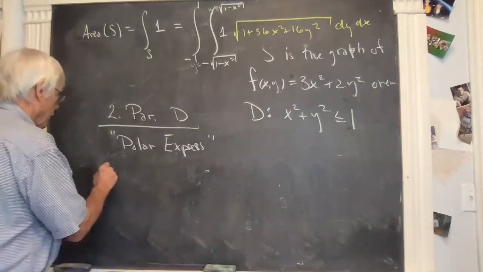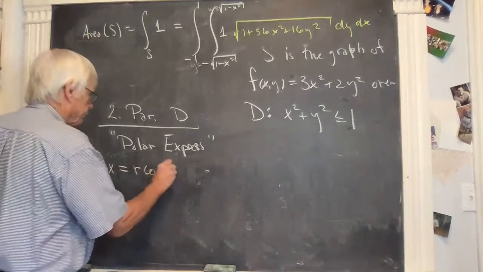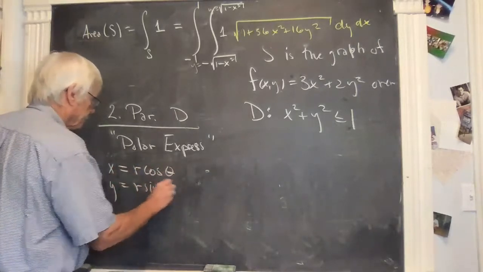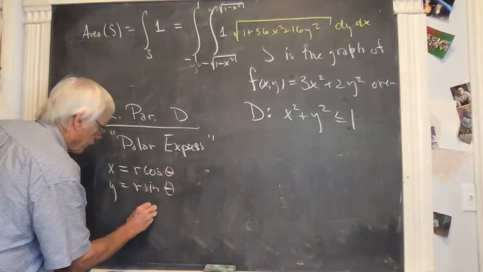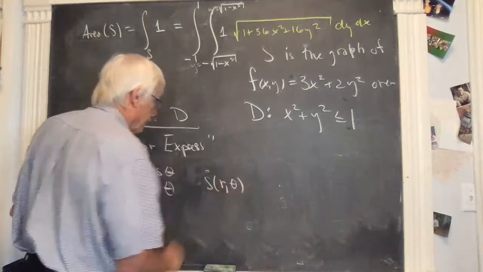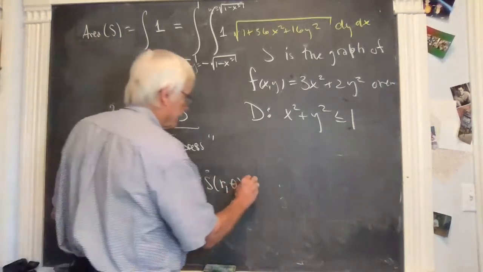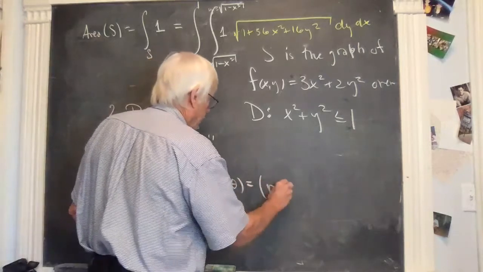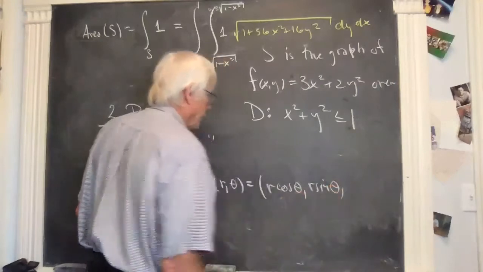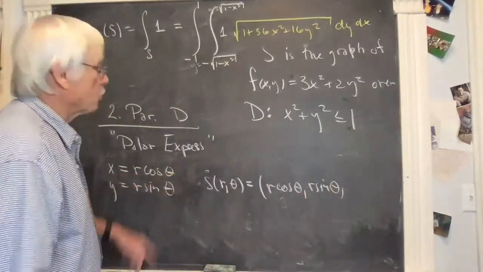So here we're going to let x equal r cosine theta, y equal r sine theta. And so our parameterization will be S, where the variables are now r and theta, but it's going to be the same surface, r cosine theta, r sine theta, and then f of x and y.